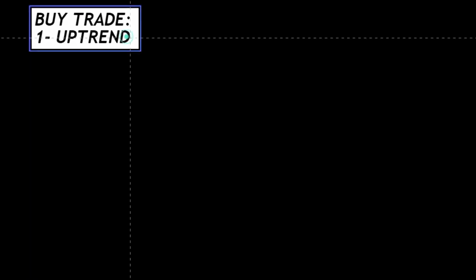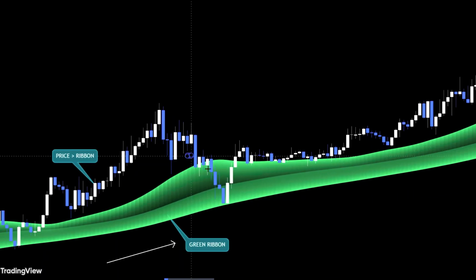Now you don't just buy right away. You wait for the price to pull back a bit. This pullback or dip is a normal part of an uptrend. It's the market taking a breather before continuing its move up. You'll often see the pullback come down towards the green smooth cloud.